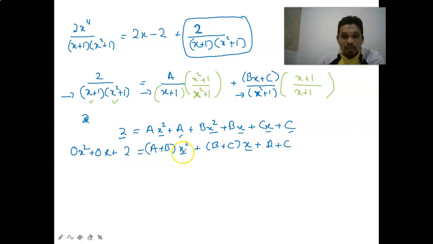So we're going to compare the coefficient of x squared, a plus b, with 0 here. A plus b equal to 0. B plus c also equal to 0. And a plus c equal to 2.